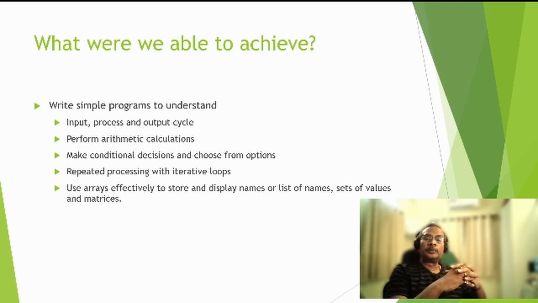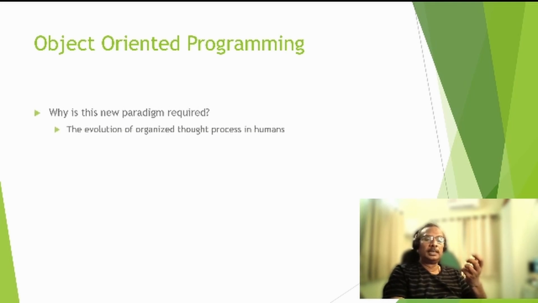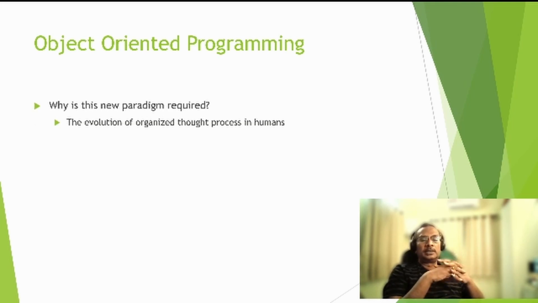So yeah, we will get into this new paradigm. What is it? It is called object-oriented programming. What is object-oriented programming? Why is it needed? Because we want the computer to think like humans.